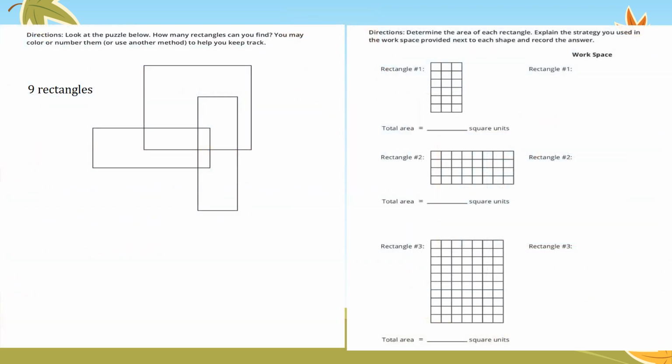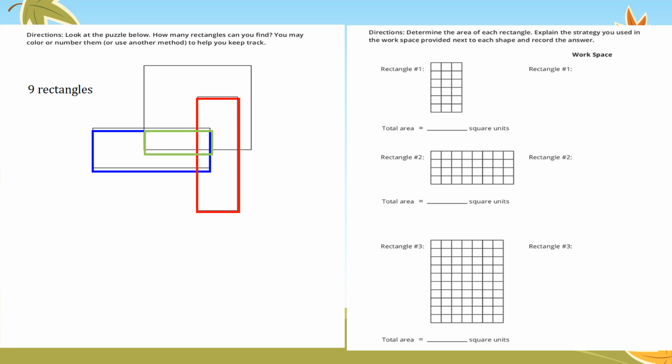Look at the puzzle below and how many rectangles can you find? How many colors or number of them? Let's find our rectangles. The first one here in blue, the second in red, third in green here like this.